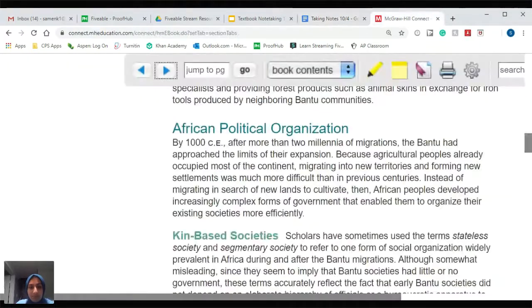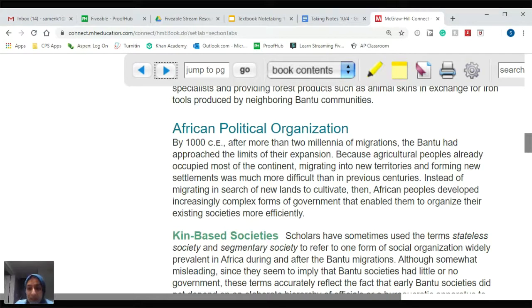By 1000 CE, after more than 2 millennia of migrations, the Bantu had approached the limits of their expansion. Because agricultural peoples already occupied most of the continent, migrating into new territories and forming new settlements was much more difficult than in previous centuries. Instead of migrating in search of new lands to cultivate, African peoples developed increasingly complex forms of government that enabled them to organize their existing societies more efficiently.